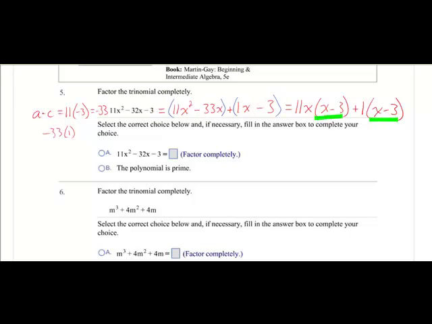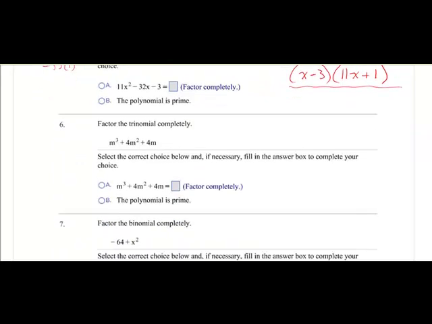Now I pull that to the front, leaving me with x minus 3 times 11x plus 1. Because I have 11x remaining in the first term and just 1 remaining in the second term after I divide by x minus 3. So there should be my final answer for number 5, rather than that it is prime.